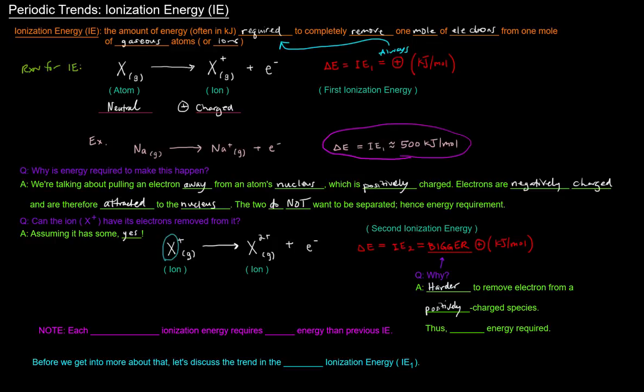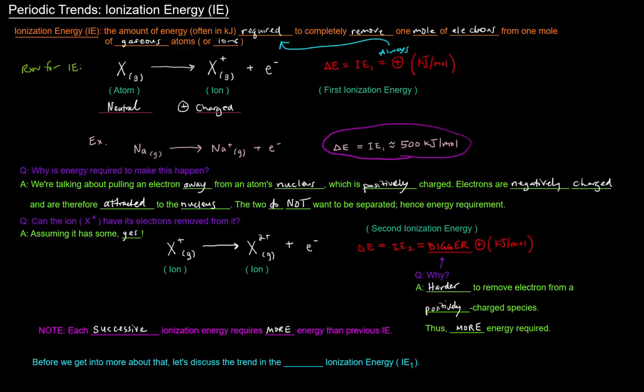That's definitely going to be harder to do, because the electron is attracted to that positive charge. It doesn't want to leave, so it's going to require more energy to pull it off. Thus, more energy is required. And you might be thinking, what about the third, fourth, and fifth ionization energies? Well, each successive ionization energy requires more energy than the previous ionization energy.